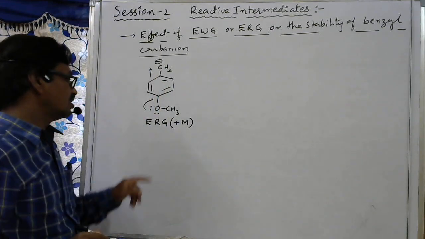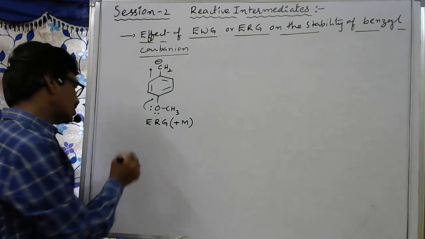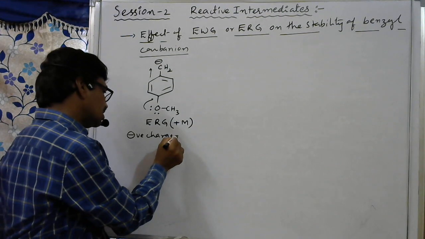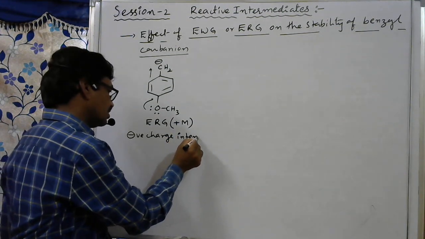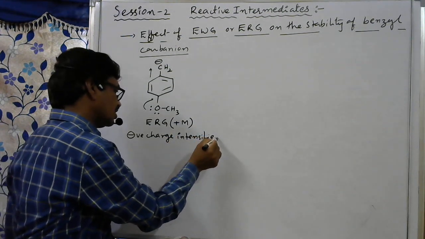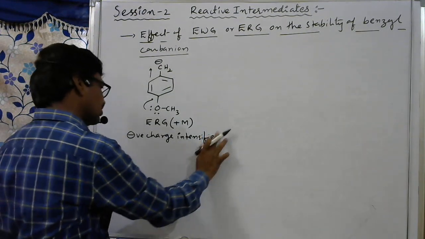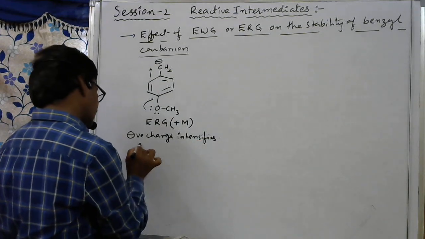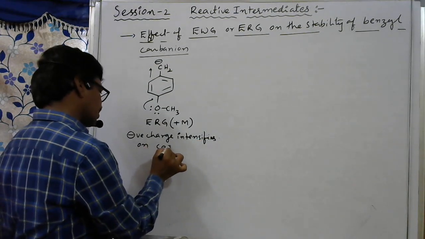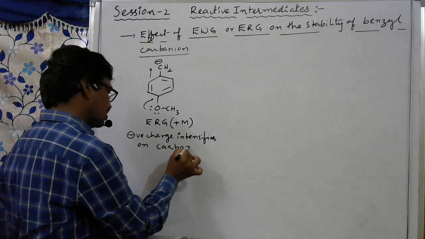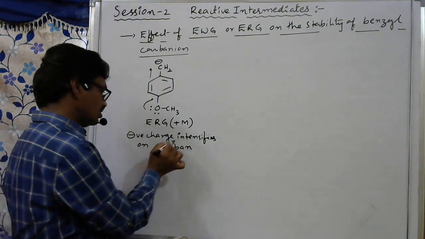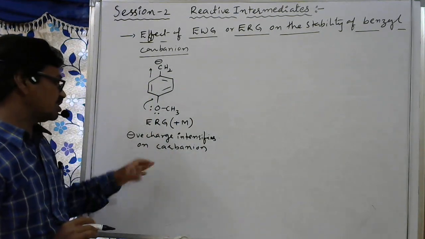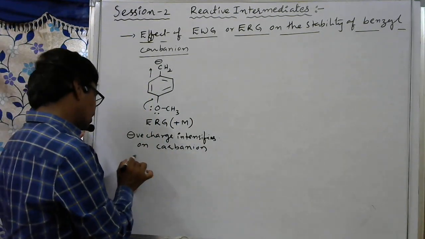So what is happening? Because of ERG or plus M effect, the negative charge intensifies, meaning it increases, on the carbanion. The negative charge intensifies on the carbon, or this is a carbanion. So when the negative charge intensifies, stability decreases.